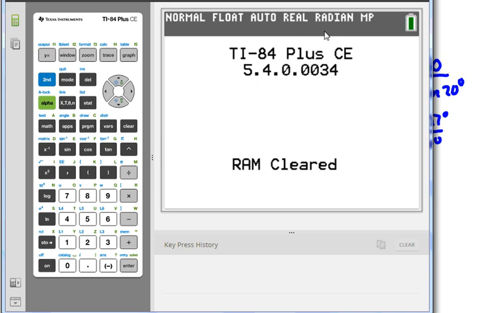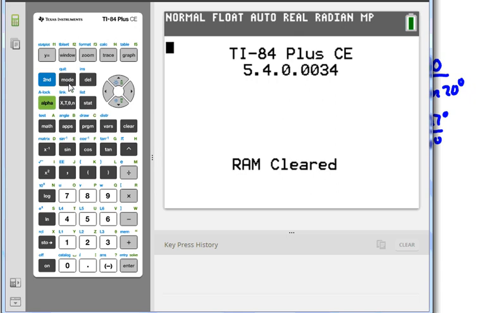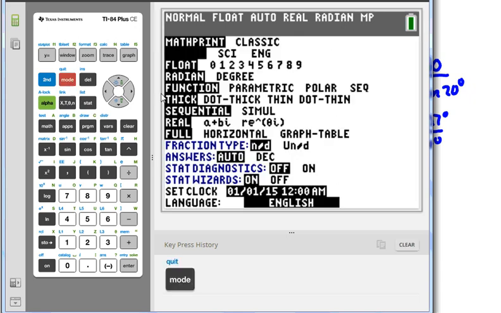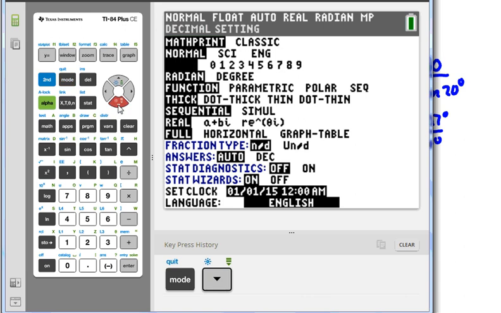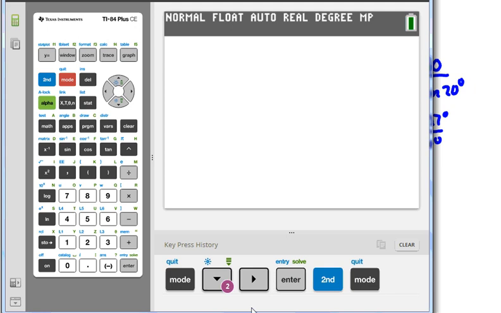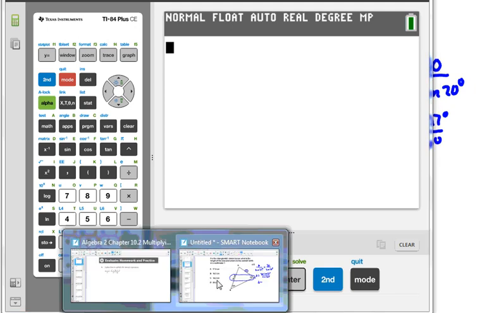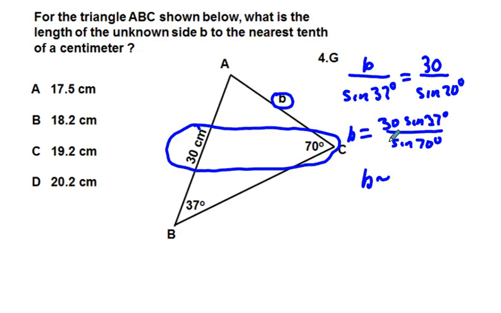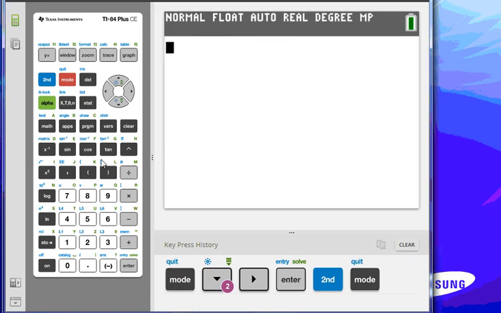And the first thing I notice, that you should notice too, is my calculator is in radians. Given that our angles are in degrees, I'm going to change the setting here to degrees. And then I go and re-examine our equation: 30 sine 37 degrees over sine 70 degrees.